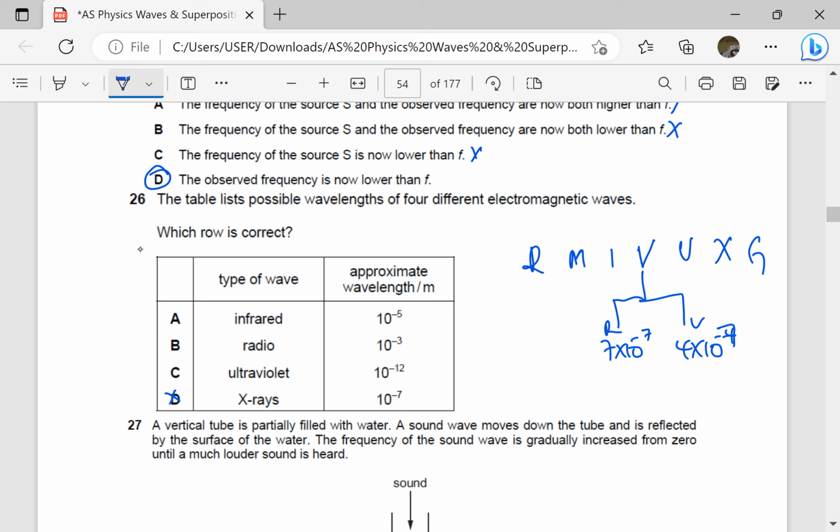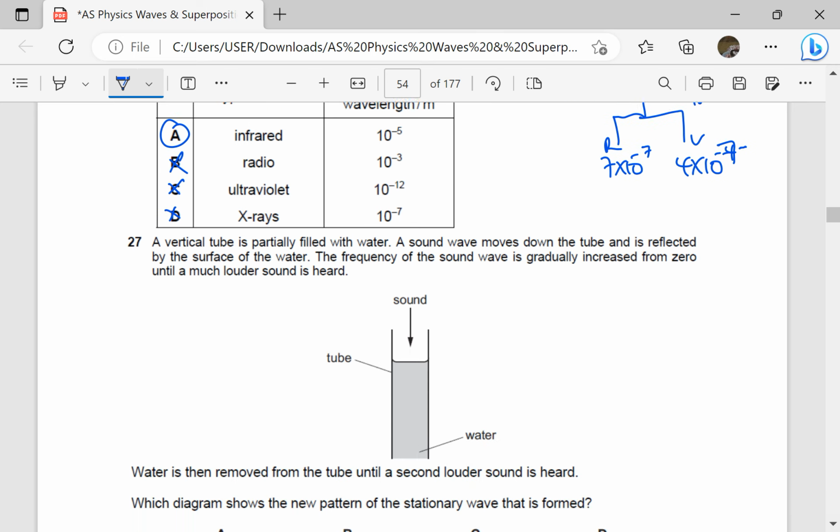Ultraviolet is going to have, when I subtract 2 here, I get 10 power -9, that is ultraviolet. So 10 power -12 is most likely X-rays, that is wrong. Radio waves is most likely going to be a positive power, that is wrong. So the answer is going to be A. Infrared is approximately -5, -4, -6.